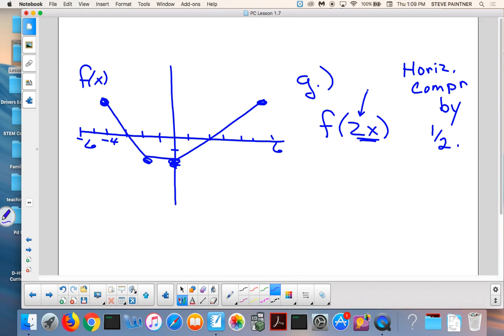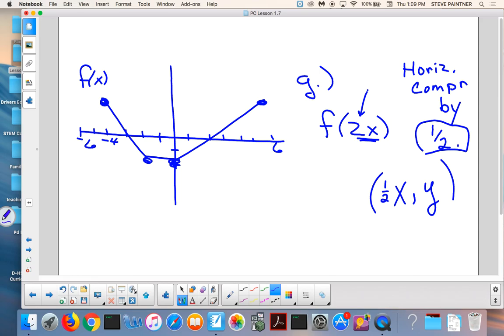Okay, so what do we do with horizontal compressions? We take every point on the parent and do what to it? If you're going to compress it this way, what's being controlled? The x's. So you multiply all your x's by what? 1/2. That's it. That's all you do.